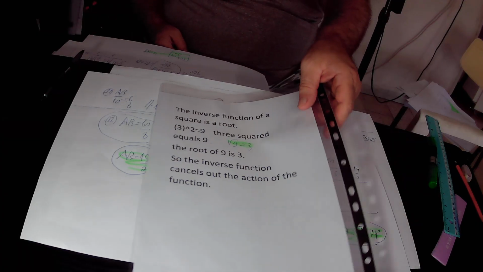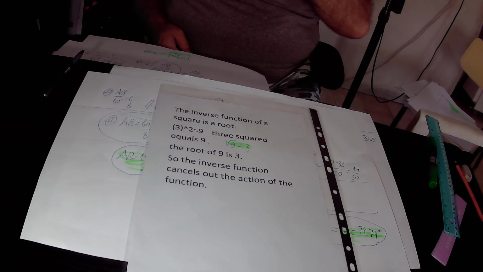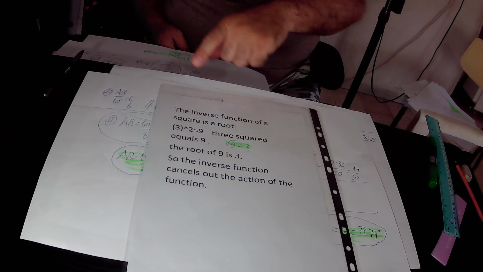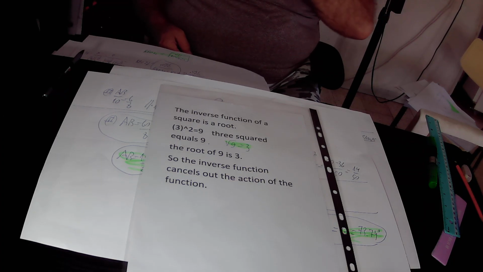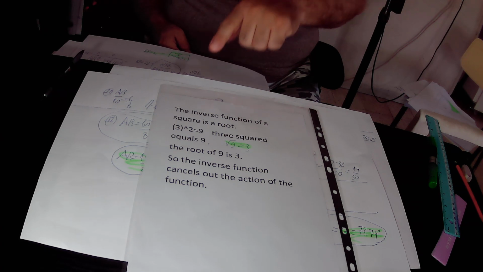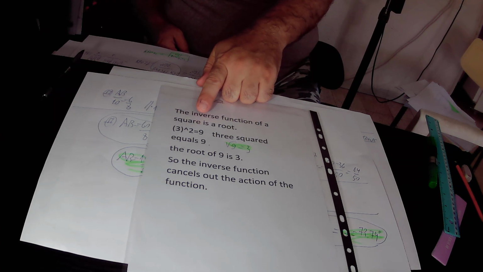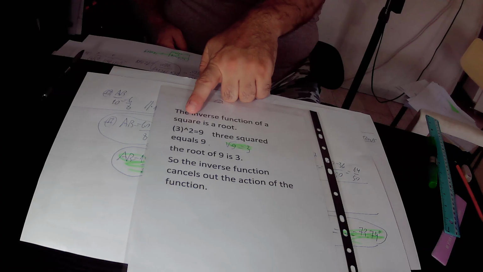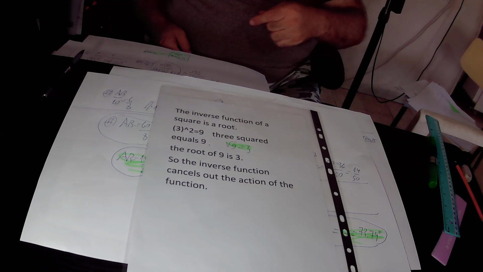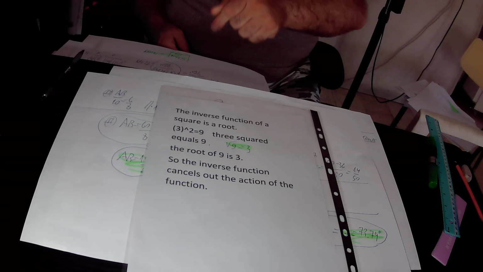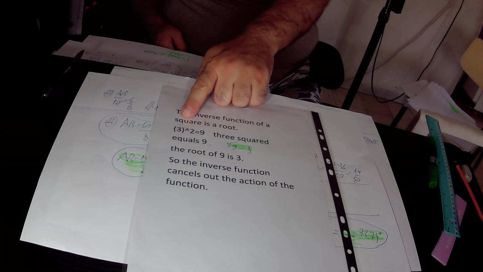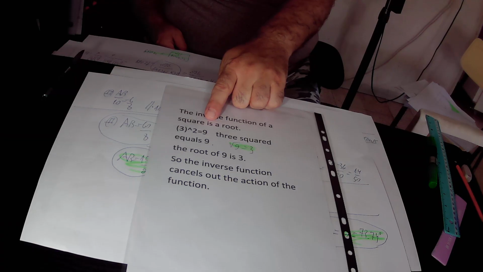Exactly like in this example, the inverse function of a square is the root. If we take the number 3 and square it, we get 9. Now, in order to get the original number 3 itself, we operate the opposite function of the square, that is the root, on the result 9.